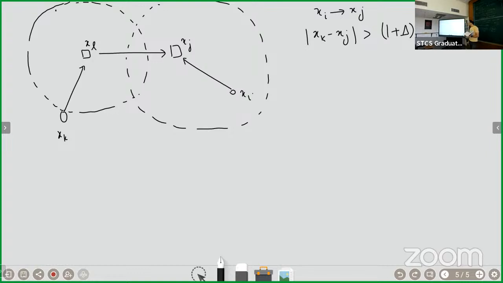Can you give me an inequality between Xl and Xj, the distance between them? Give me an inequality in terms of Xk, Xl, Xi and Xj. Can you give me a lower bound on that?